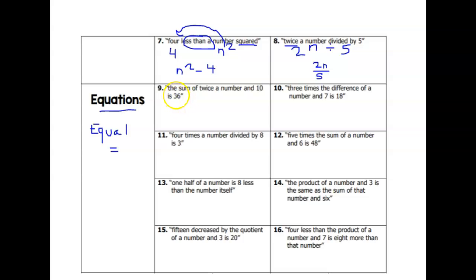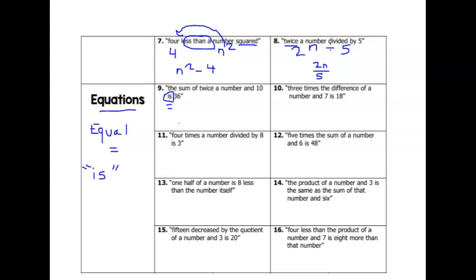So let's look at number 9. The sum of twice a number and 10, here we go. Here's our equals word. Is, and you can put that in the box. We're going to see the word is to mean equal. Go ahead and write that in your box. Is lets me know this is an equation and not an expression.